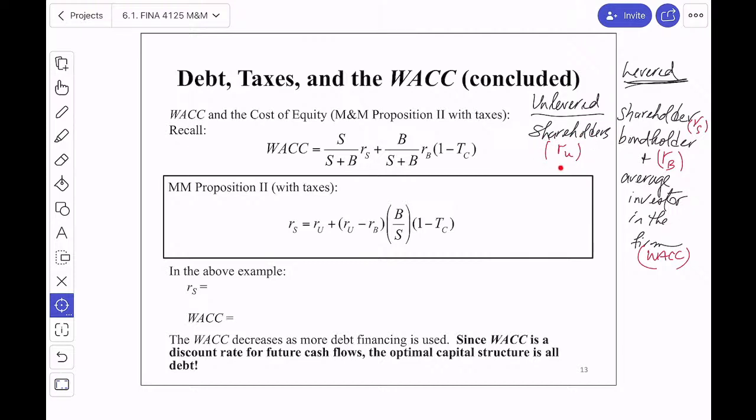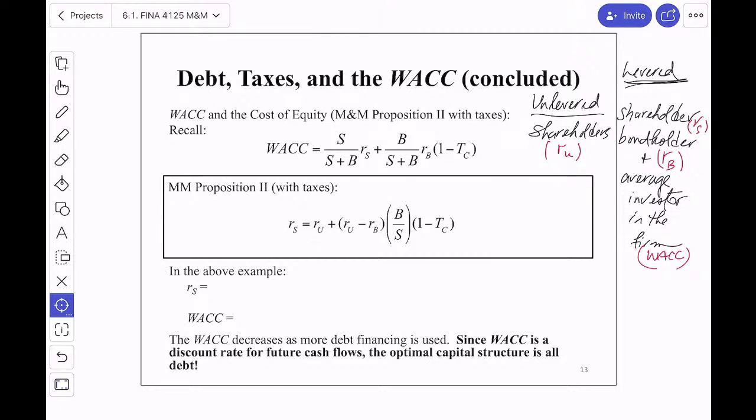Okay. So these are, yes, the required rate of return for shareholders if there's no debt. Now we introduce debt, and we call the cost of equity RS for those shareholders in that firm, the cost of debt RB to the bondholders in that firm, and the average investor would be WACC. Okay, so these are the different symbols. What we see is that return to shareholders in the levered firm is a markup above the return to shareholders if there was no debt.